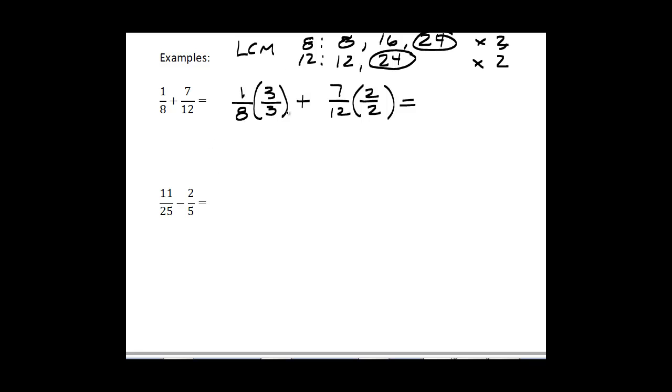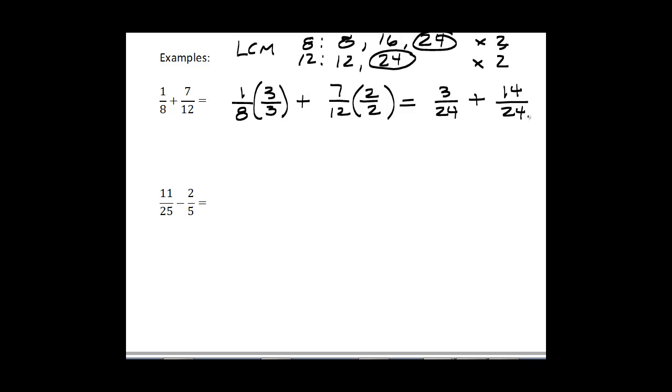So looking here, we have 3 times 1 is 3, and 8 times 3 is 24. So 3/24 is the same as 1/8. And to that, we're going to add 7 times 2 is 14, 12 times 2 is 24. All right, so now I have like fractions. I have denominators of 24.